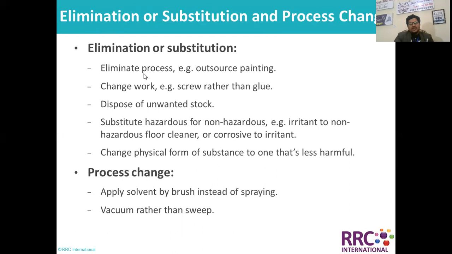For elimination, eliminate the process like outsource painting, change work like screw rather than glue, dispose of unwanted stock. Substitute hazardous with non-hazardous, irritant floor cleaner instead of corrosive, or change the physical form of a substance to one that is less harmful. Otherwise, change the process: apply solvent by brush instead of spraying, vacuum rather than sweep.